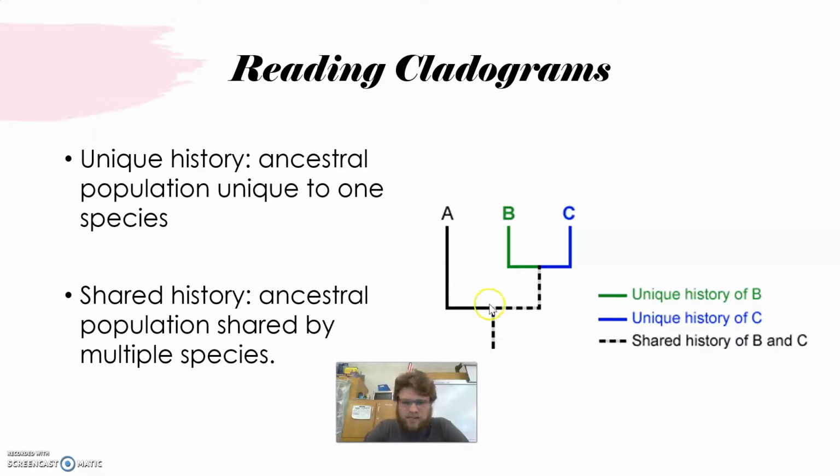But this dashed line, this whole line, is a shared history between B and C. So this population has a connection to both B and C. So this population, as it's reproducing, undergoing natural selection, mutating, its history is shared with B and C.